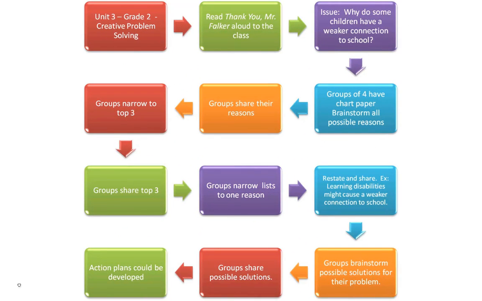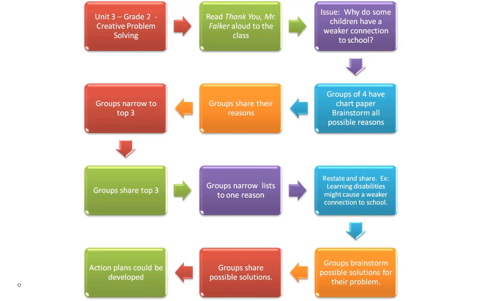We'd like to walk you through how this actually works in a high ability language arts unit. And the one we selected for this to use as a demonstration really came from Unit 3, which is grade 2. And what they initially did was that the students listened to the story, Thank You, Mr. Fokker, within class.